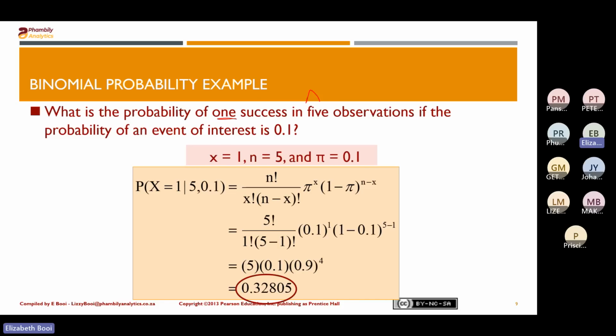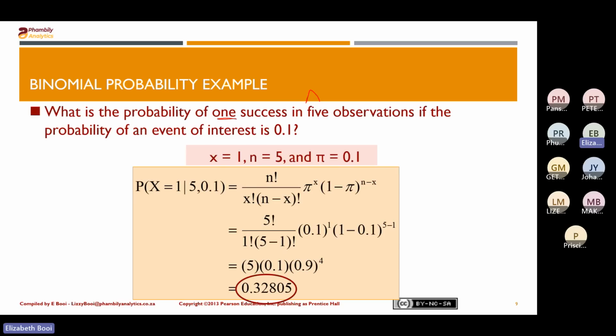So to calculate that using the formula, easy. Substitute the values into your formula. So we know that our formula is n factorial divided by x factorial times n minus x factorial, times the probability of success to the power of x, times the probability of failure to the power of n minus x.